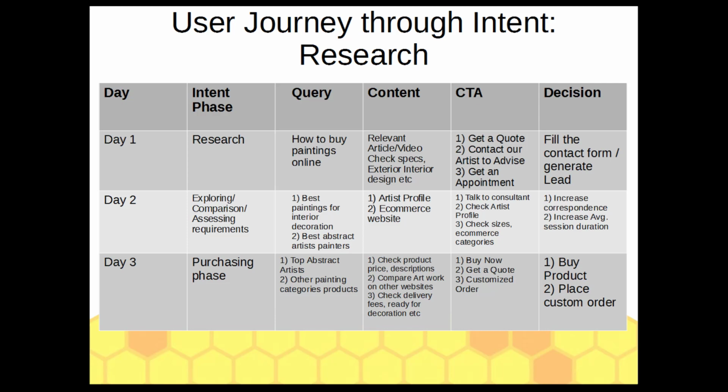But in our example, we have a query called how to buy paintings online. This could be an intent that can go into the category of research or article or tutorial. So you get an idea.